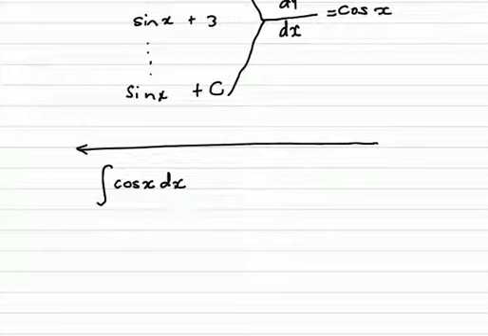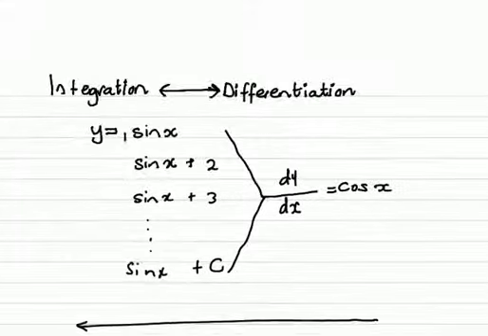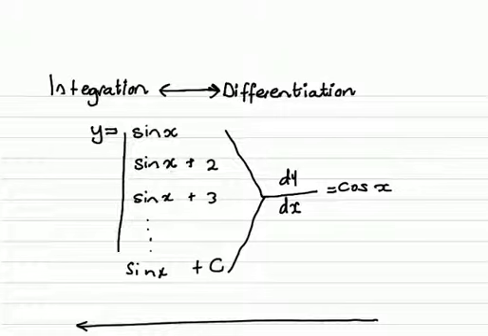So in this case, we should understand the sign as an integral sign. At the same time, we can take it as a kind of question which is asking us that here is a derivative with respect to x, which function was differentiated. If we look at this column of functions here, you cannot precisely say whether it was sine x, whether it was sine x plus 2, or sine x plus 3, or sine x plus any constant c.